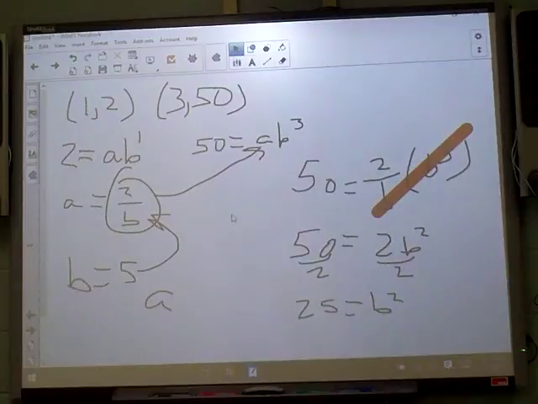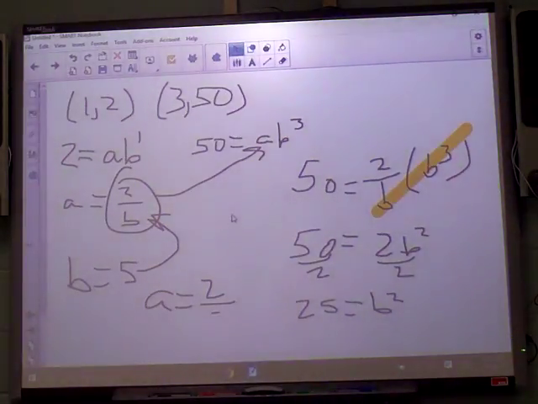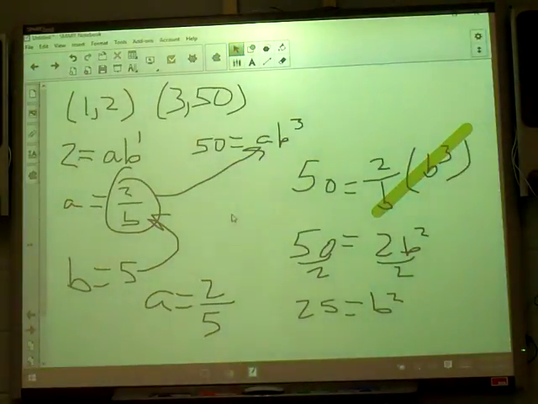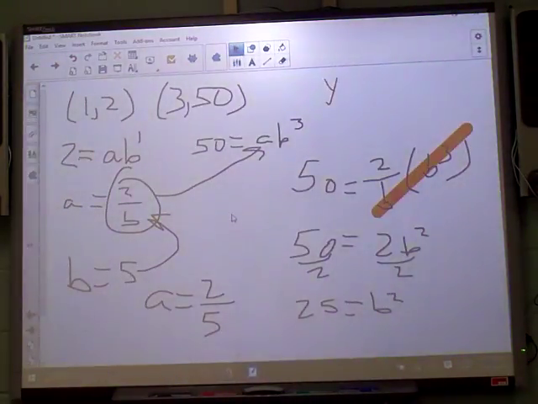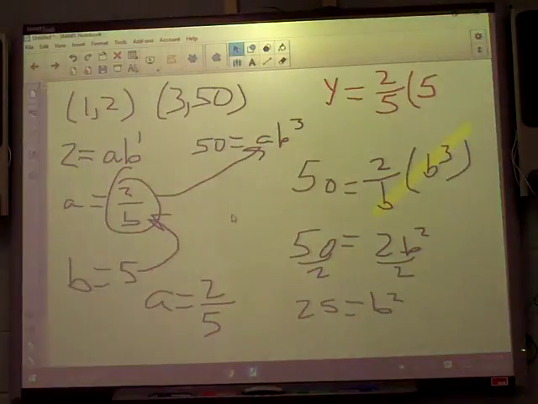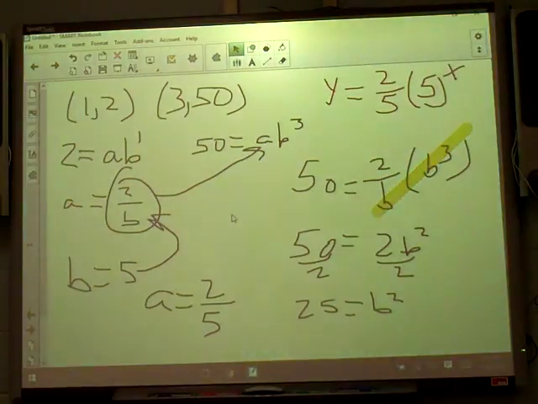A would be 2 divided by B, so 2 divided by 5. So there's your A, there's your B. Let's go to the top and write our answer. Y equals A times B to the X. That's it.